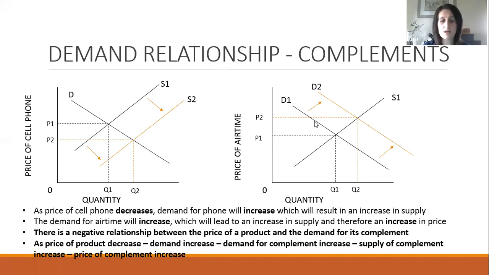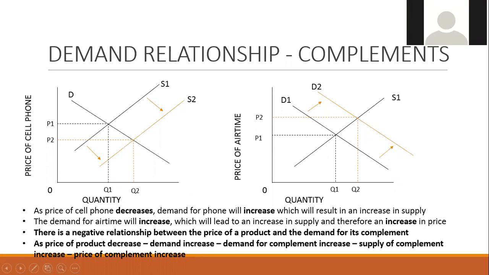So the cheaper the cell phones, the more people want to buy cell phones, the more cell phones they will need to manufacture. But we can't use our cell phones without airtime. So if the demand for cell phones increases, the demand for airtime is also going to increase.